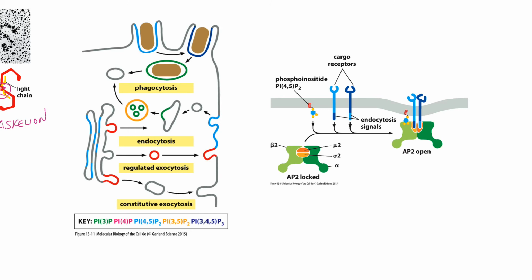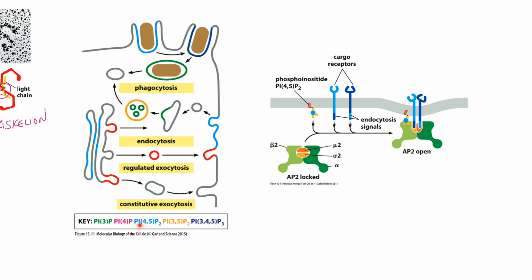So that, for example, the types of vesicles that are produced for regulated versus constitutive exocytosis would differ in terms of the phosphatidylinositol concentration. And the process of endocytosis that we just talked about would be associated with this particular type of phosphatidylinositol.